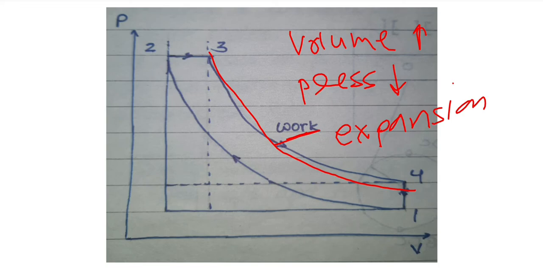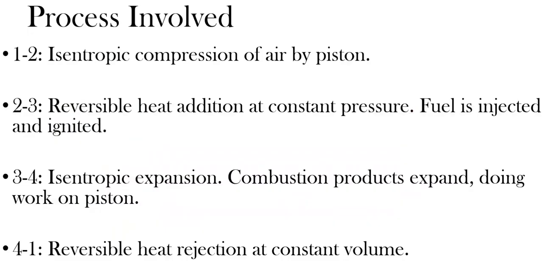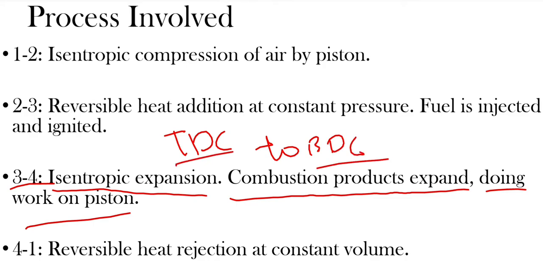Expansion of what? Here the combustion products, like smoke, get expanded. See here, in 3 to 4 isentropic expansion takes place and the combustion products expand, doing work on the piston. That is, the piston moves from TDC to BDC, from top dead center to the bottom dead center, in the 3 to 4 process.